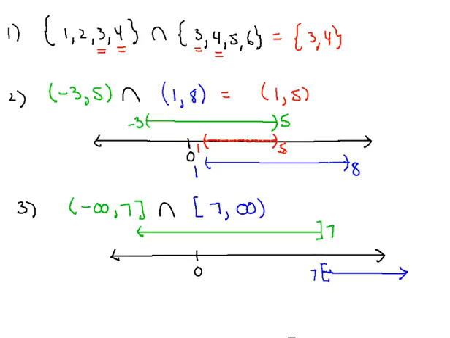Now, if you look at where these two graphs overlap or intersect or have points in common, I think you can see that the only place that will happen is at the number 7 itself. So we would write that the intersection of these two sets consists of just the number 7.